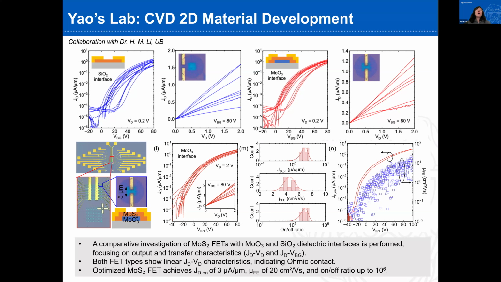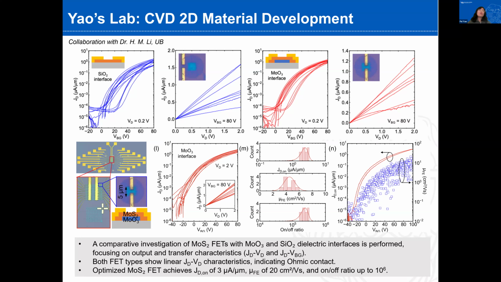What we found is that the on-off ratio between these two devices is fairly similar, around 10 to the order of 5. This IDVD curve also shows linear behavior, indicating ohmic contact.